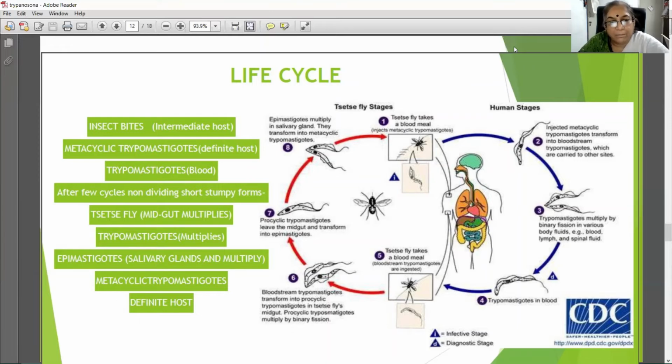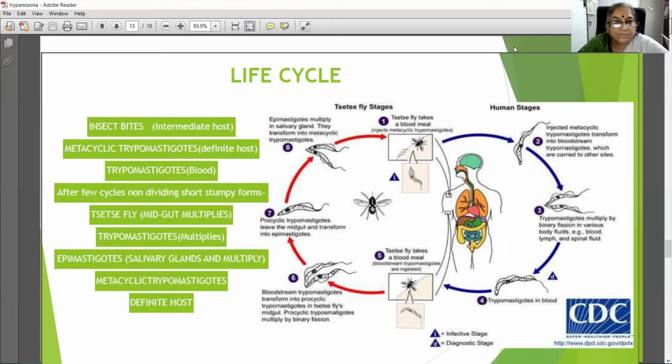Epimastigote forms multiply and produce metacyclic trypomastigotes, and then they reach the definitive host. How will they reach the definitive host? The tsetse fly, when it has these metacyclic trypomastigotes in the salivary glands, goes and bites a new human being, these metacyclic trypomastigotes enter into the new host, and then the life cycle continues.